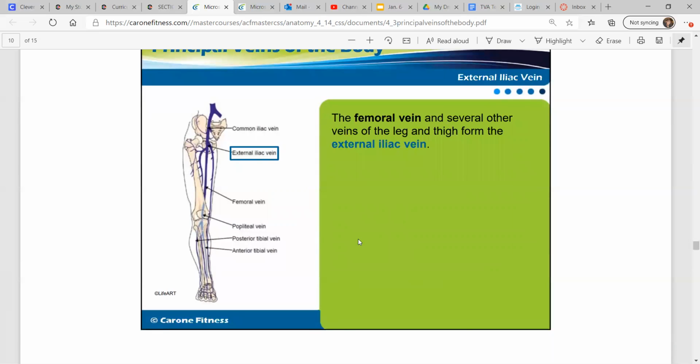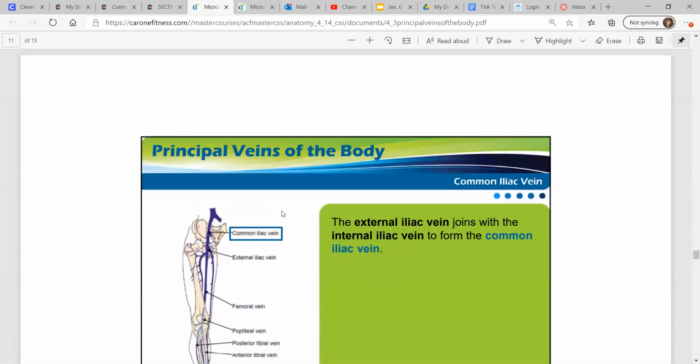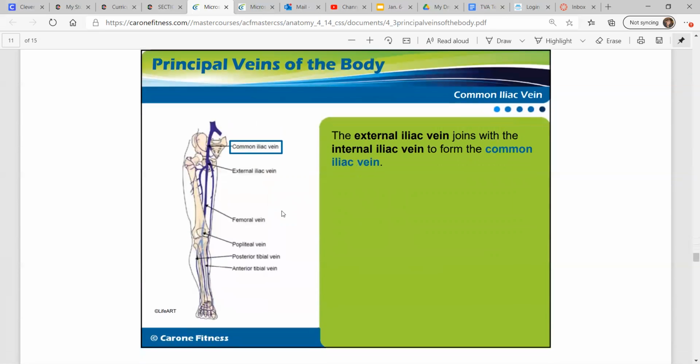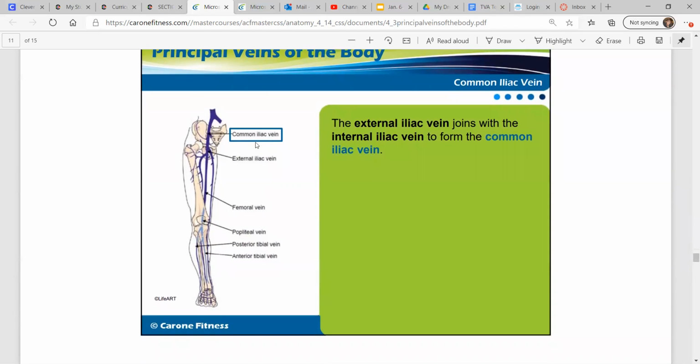The femoral vein and several other veins of the leg and thigh form the external iliac vein. That external iliac vein joins with the internal iliac vein to form the common iliac vein here.